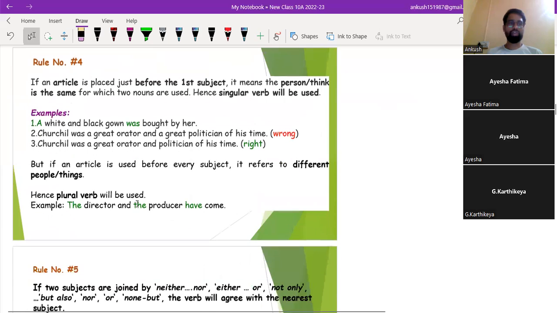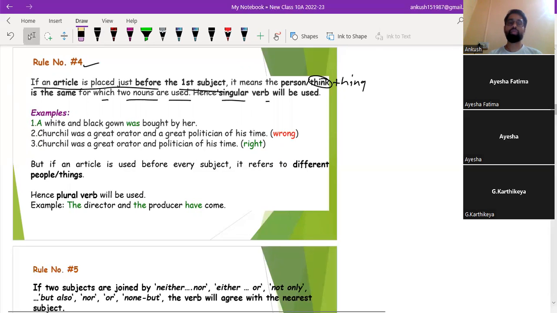Now, another rule, rule number 4, that we are going to study here. Rule number 4 is if an article is placed just before the first subject, it means the person or thing is the same for which two nouns are used.